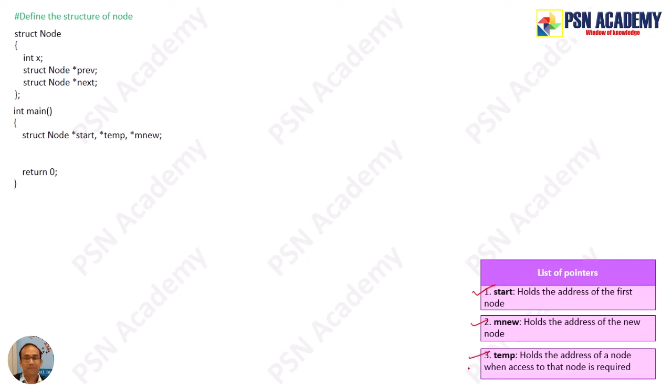And the temp pointer holds the address of a node whenever you want to do some operation on a node, such as visit the data, update the data in the node, or move over the entire list. So for these kinds of operations, you need the help of the temp pointer.